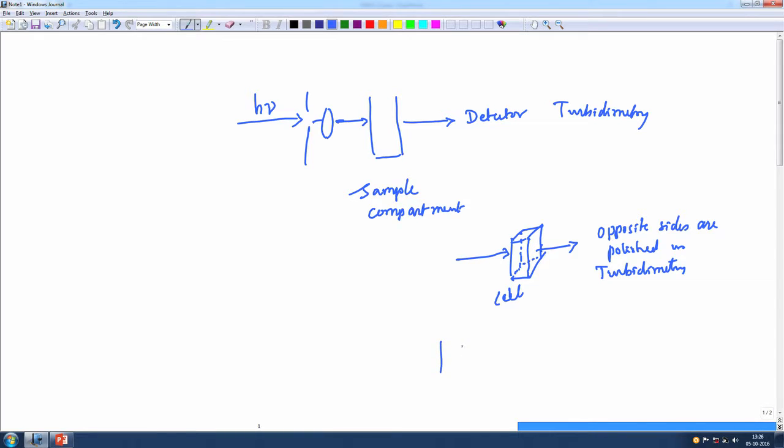So, if I have a cell like this, incoming radiation, this side is polished and this side is not polished.